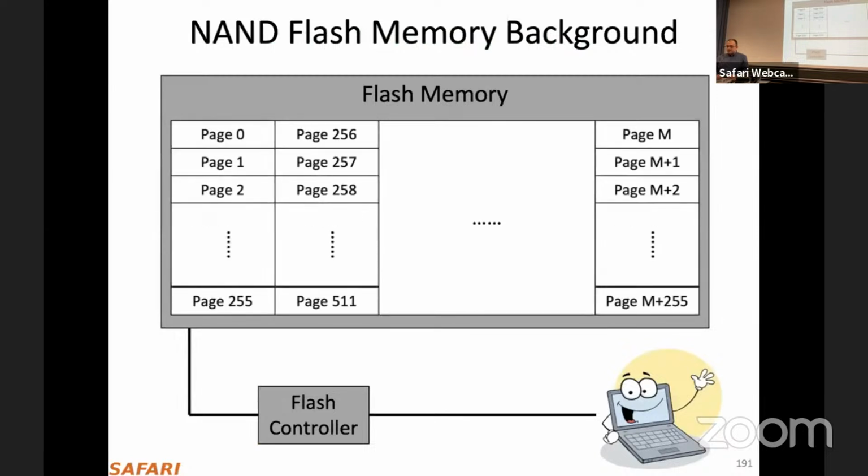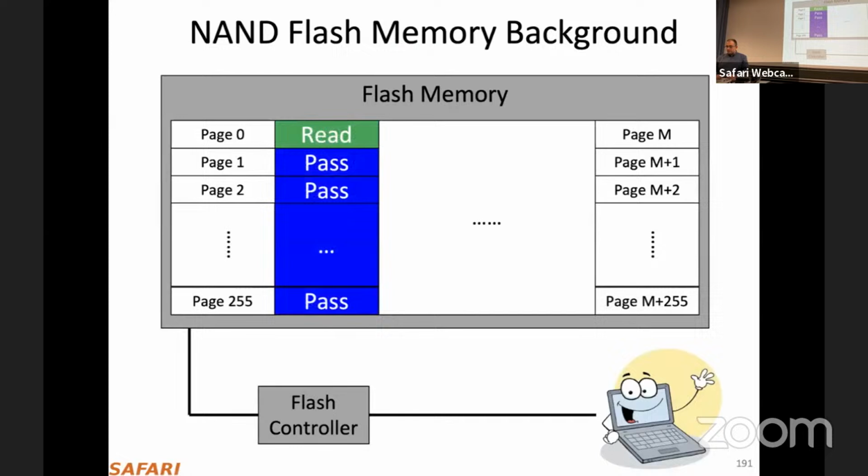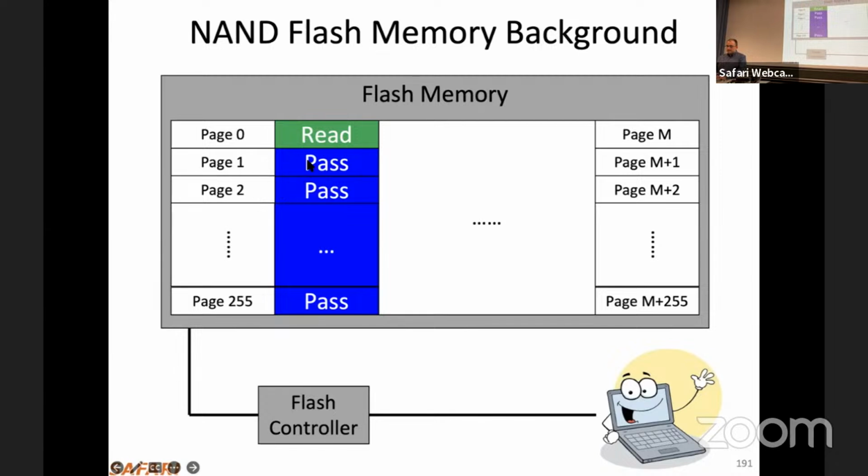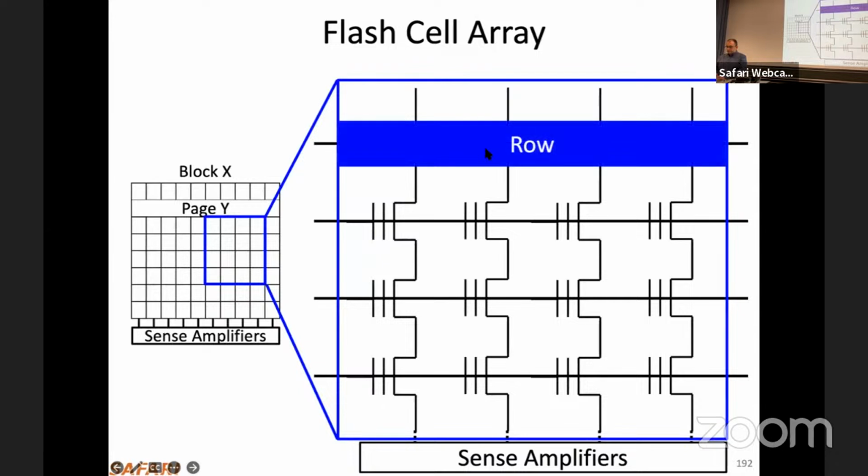The problem is that once you want to read, you need to apply a reference voltage to one page, and to other pages, you need to apply VPass. And you know that VPass is high enough to make all the cells in that page operate as a resistor, basically as a switch, no matter if it is programmed or erased, so VPass should be higher than the threshold voltage, essentially.